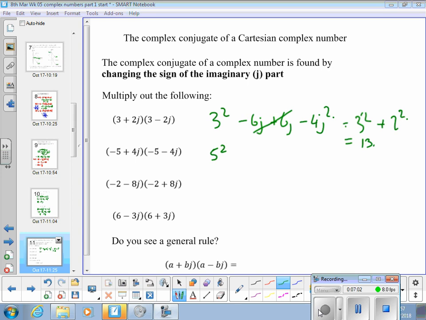And we end up on the end with plus 4 times minus 4, which is minus 16j squared. That becomes plus 16, so it equals 5 squared plus 4 squared, 41. This one is going to equal 2 squared plus 8 squared, because it's just these two numbers, ignoring signs, squared. Always.